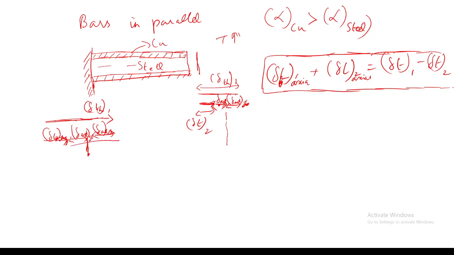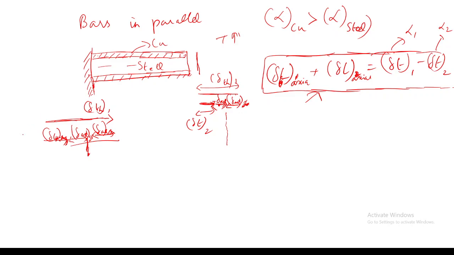Yes, sir, I am taking this formula from the diagram. So delta axial of copper will be a compressive load, and delta L of steel will be a tensile load. Similarly, delta T1 corresponds to alpha 1 and delta T2 corresponds to alpha 2. This is the notation you should follow here.